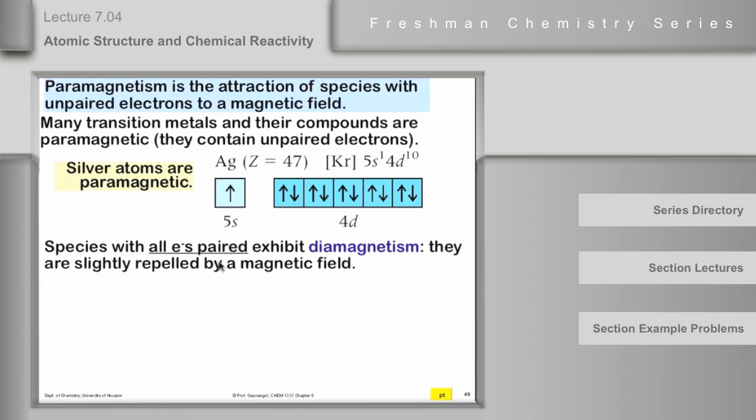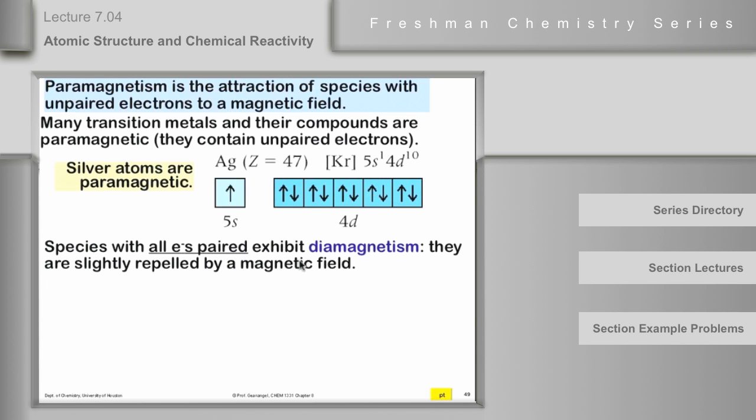Now, on the other hand, if you have an atom or an ion or a molecule which has all electrons paired, it's called diamagnetic. And diamagnetism is the absence of unpaired electrons. No unpaired electrons there.